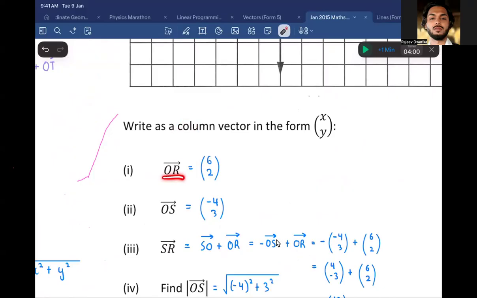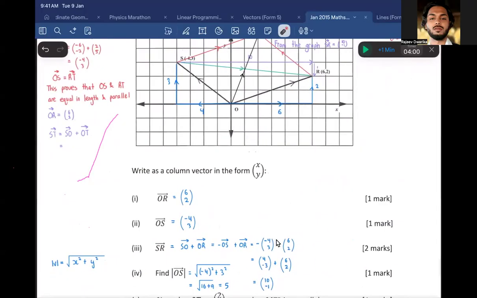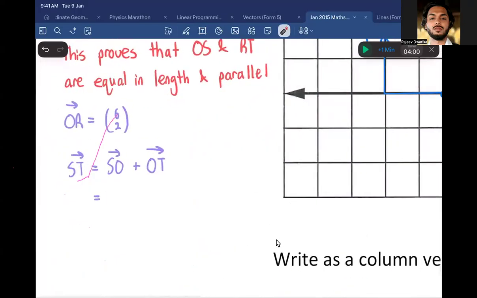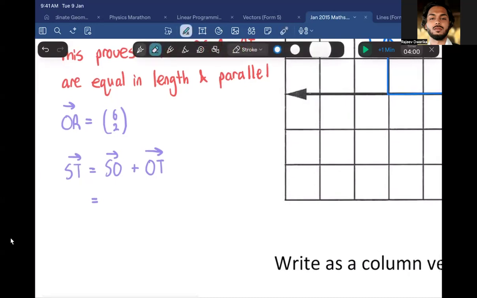So we just put negative OR, which is the same thing as RO. I hope you understand that. So S to O would just simply be negative what?